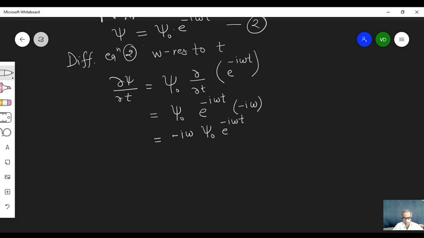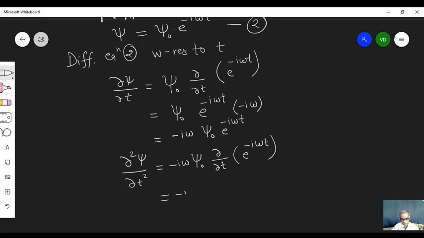Now this is the first order differentiation, and therefore we can again differentiate it to get del 2 psi by del t square, which is equal to, now minus i omega is constant, so I just write minus i omega. Psi 0 is constant with respect to time, and del by del t of exponential minus i omega t.